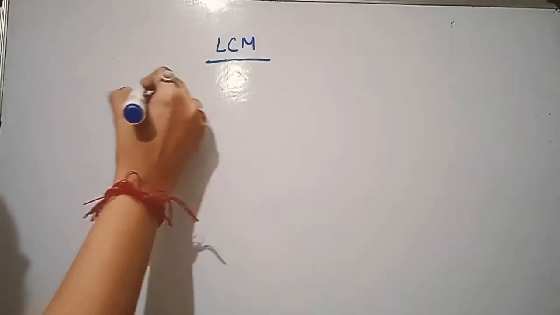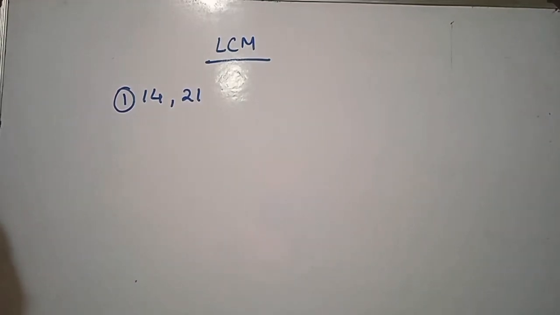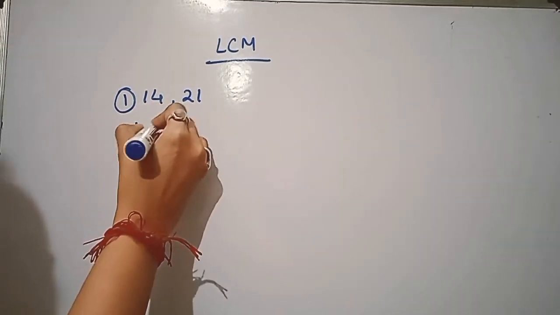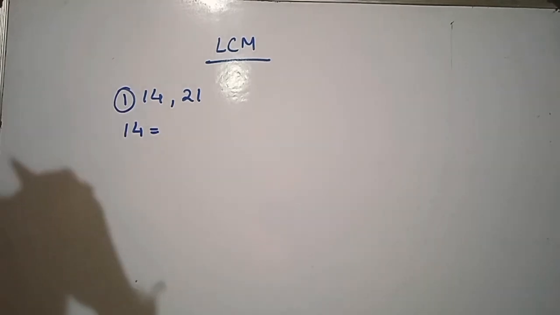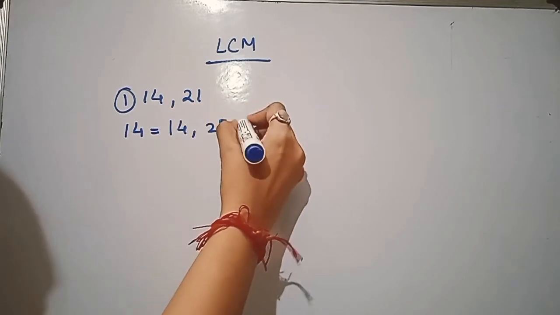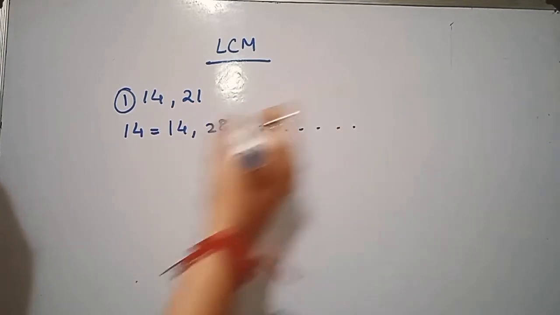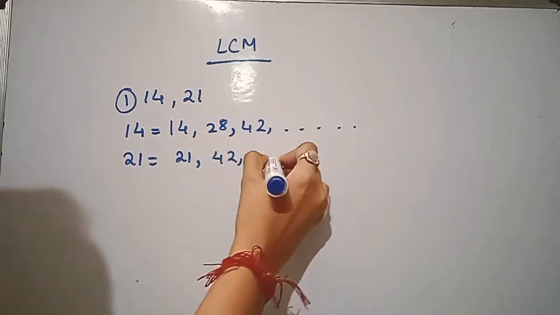The first numbers are 14 and 21. We have to find the LCM of these two numbers. The first method we learned is to find LCM with the help of multiples. The multiples of 14 are 14, 28, 42 and so on; the multiples of 21 are 21, 42 and so on.